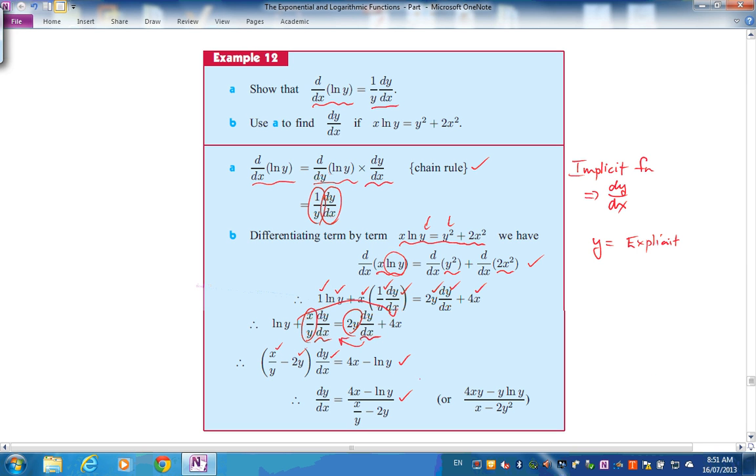So now we can do that division and leave it like that, or you could multiply top and bottom by y to get this form here, because we have that fraction in the bottom line. When you multiply that by y, you get x, and you must do the same to that and right through the top line as well. So you could have that form.